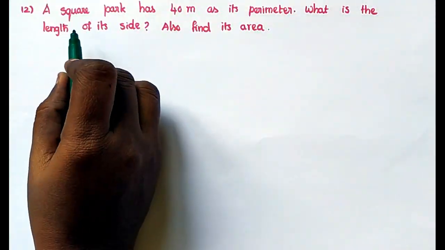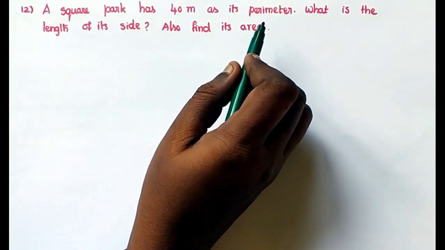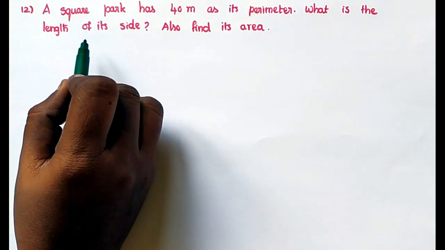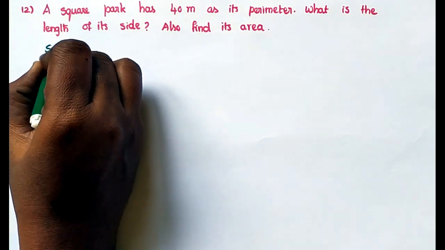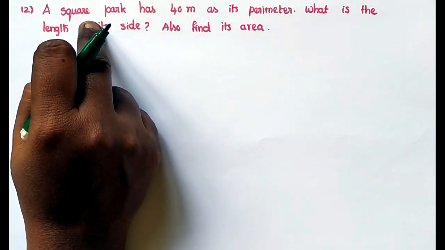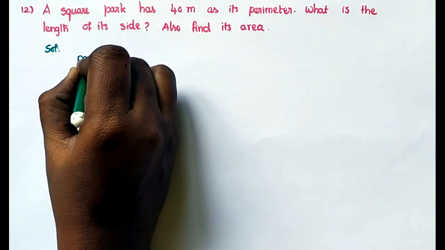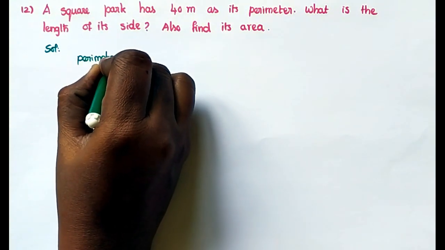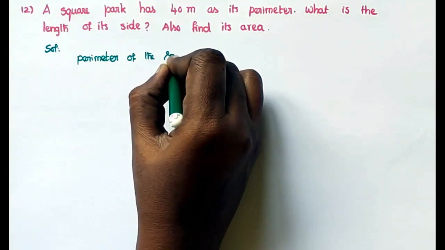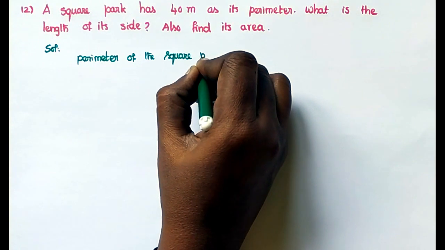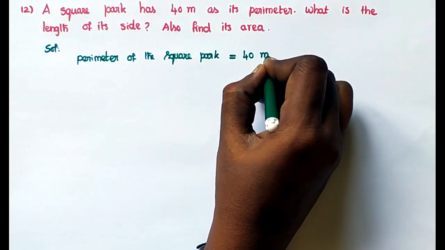12th sum, a square park has 40 meter as its perimeter. What is the length of its side and also find its area. Listen, they given the perimeter of the square park. Perimeter of the square park is equal to 40 meter.